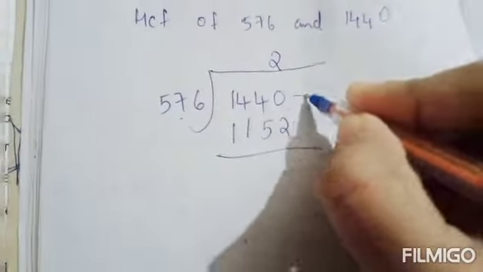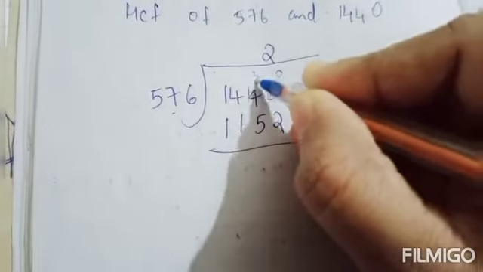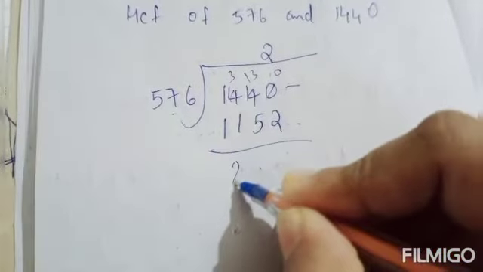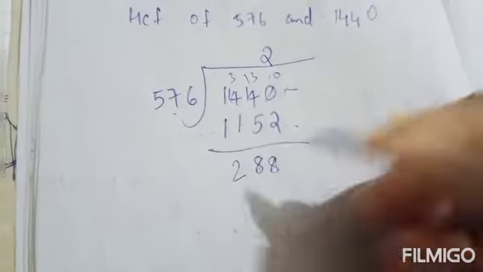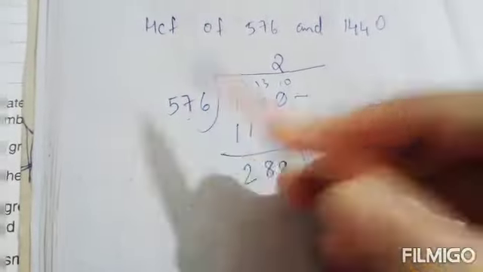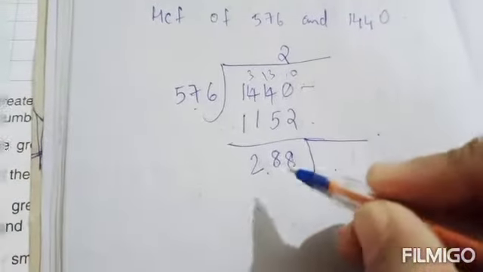Okay, now subtracting, you will get 288. Okay, so now what to do? This divisor will become the new dividend and remainder will become the divisor.